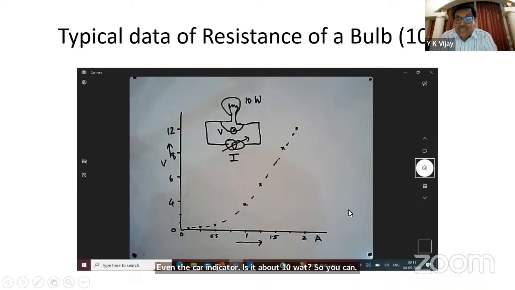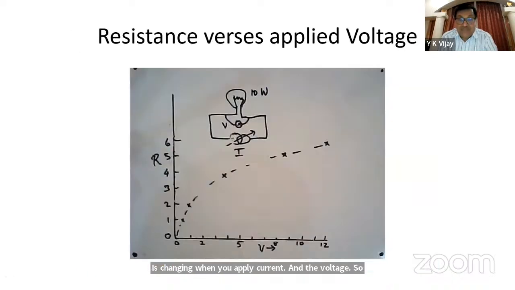When you plot a graph between current and voltage, it shows this sort of behavior. This shows a non-ohmic behavior. It means the resistance of this bulb is changing when you apply current and voltage. So the VI relationship is never a straight line for a bulb.